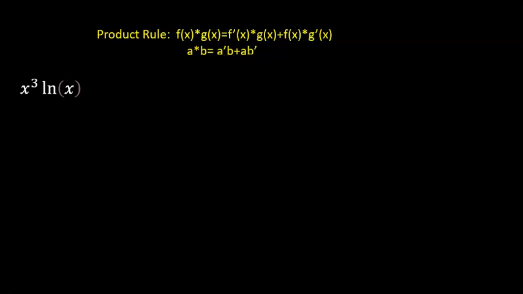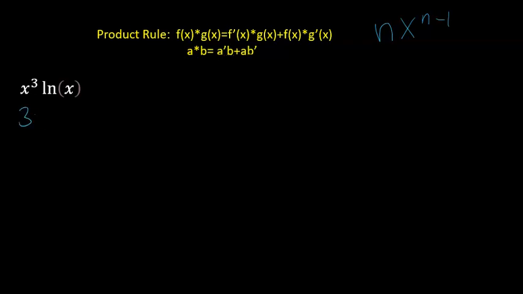Okay. We're going to follow the same idea where I'm finding the derivative of the first, leaving the second as is, plus sign, leaving the first as it is, finding the derivative of the second one. So let's see. What is the derivative of, I guess I should do that formula again. I feel like it helps. n x to the n minus 1. And we'll need one for ln in a minute.